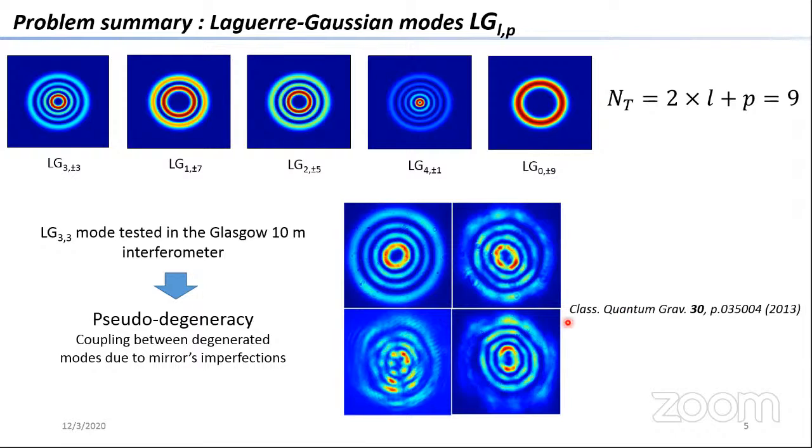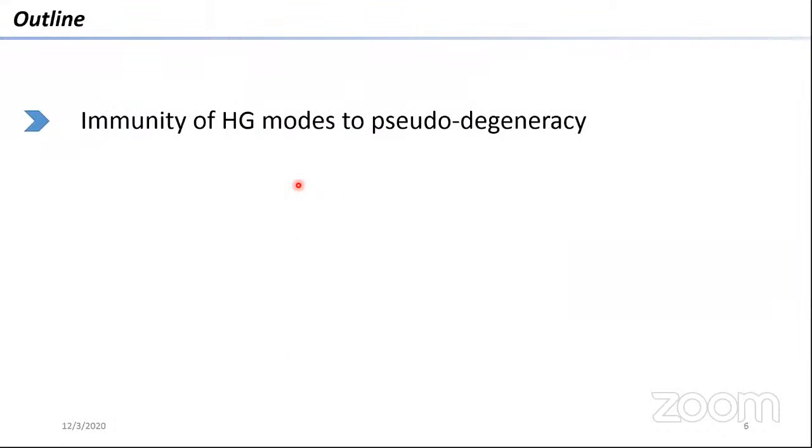These images are taken from this reference. This effect is due to the coupling between degenerate modes due to the imperfections of the mirror surface. What I'm going to show is that HG modes are immune to this phenomenon called pseudo-degeneracy.